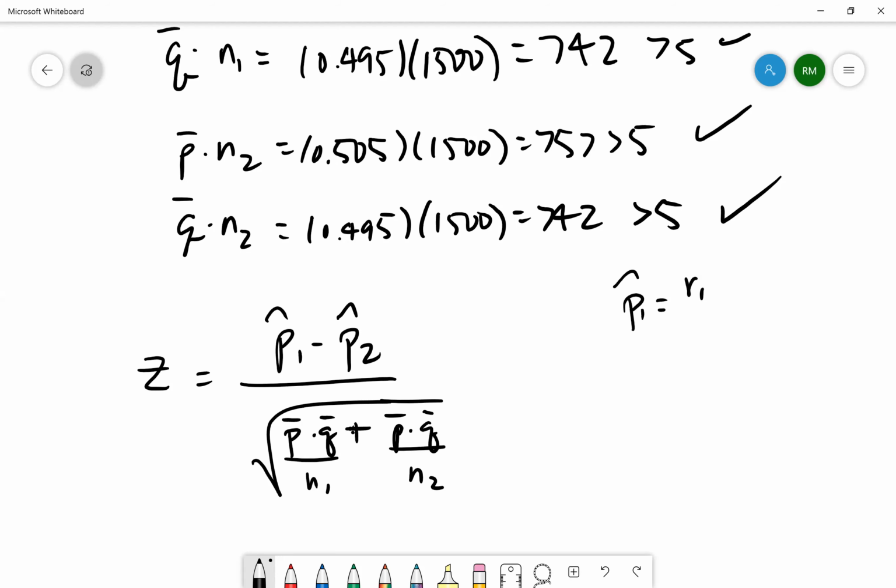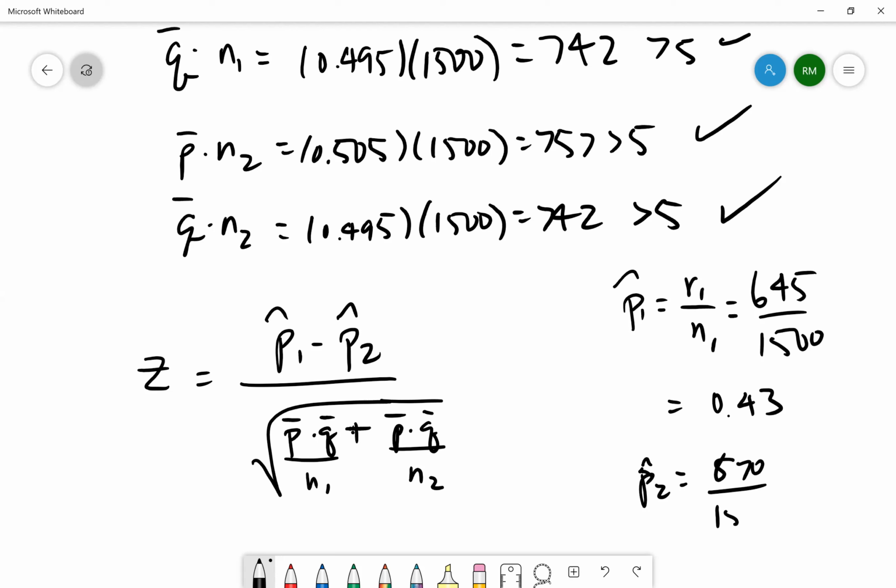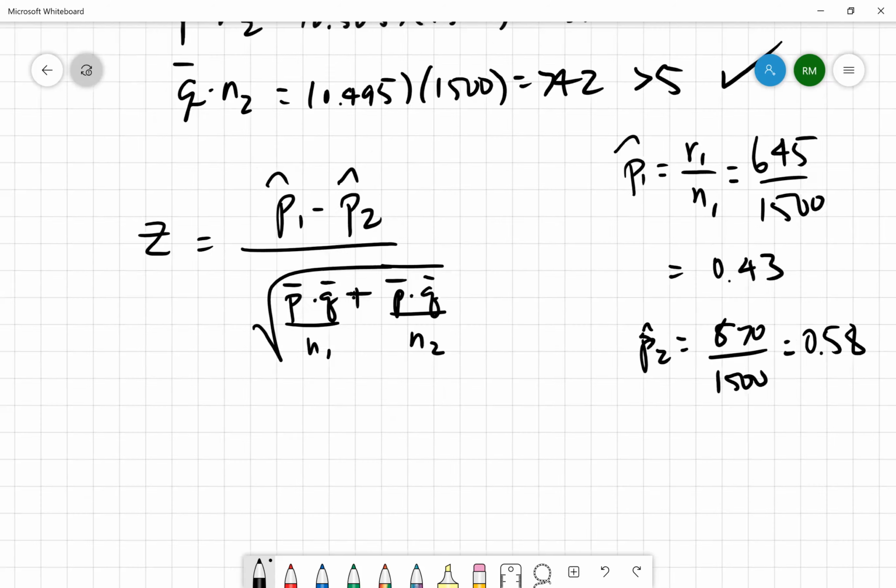P1 hat is R1 over N1, and that came out to be 645 over 1500, and that's roughly equal to 0.43. And P2 hat is 870 over 1500, and that's equal to 0.58.